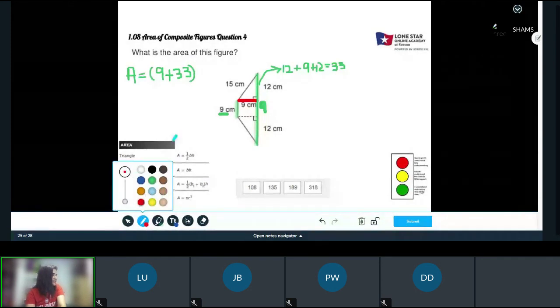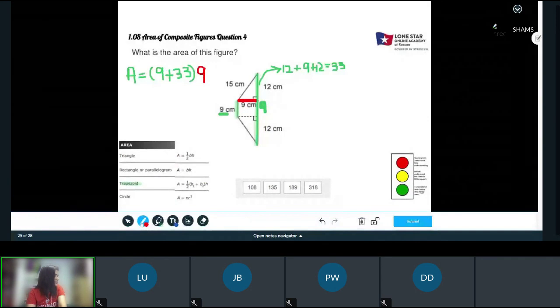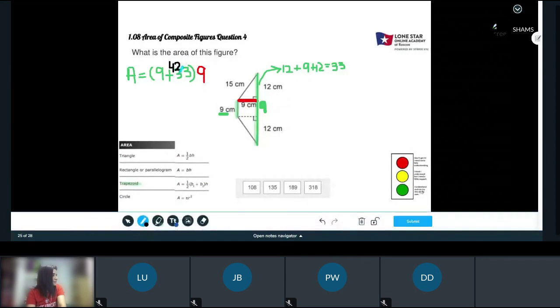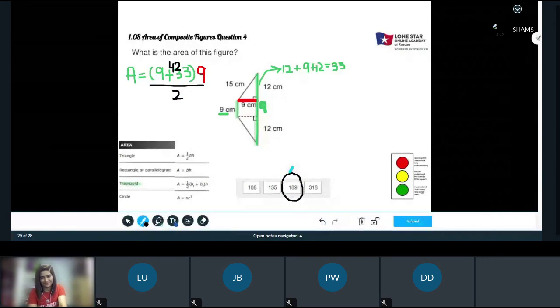Height is the distance between the two green bases at a right angle, so height is 9. I multiply 42 times 9 and then divide the answer by 2. When I divide it by 2, I get an answer that is 189.